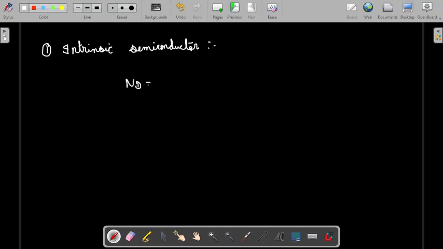In an intrinsic semiconductor, we know that there will be no donor or acceptor atoms, so they will be equal to 0. From equation 1, we get that n is equal to P. From the mass action law, we can conclude that n is equal to P, which is equal to ni. So for an intrinsic semiconductor, we can make a note that all the charge carrier concentrations will be the same.